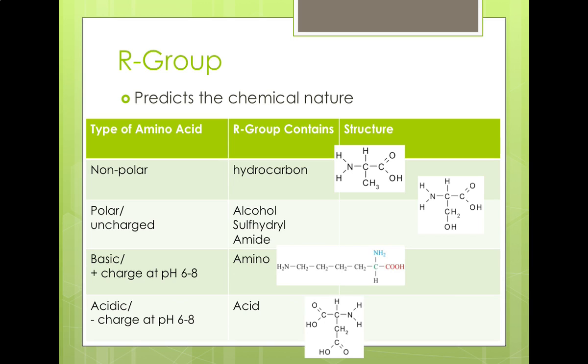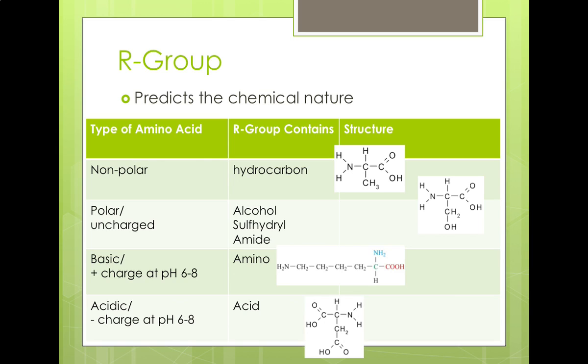And you've got a big open spot on the back of your page to make this chart. So our amino acids can basically be broken down into 4 main groups that we're going to deal with. We have nonpolar amino acids. We have polar but uncharged amino acids.